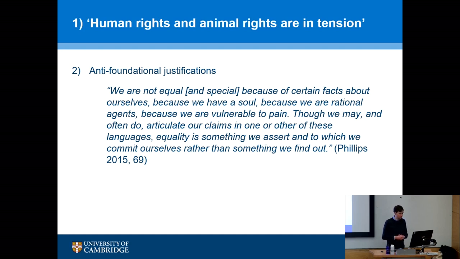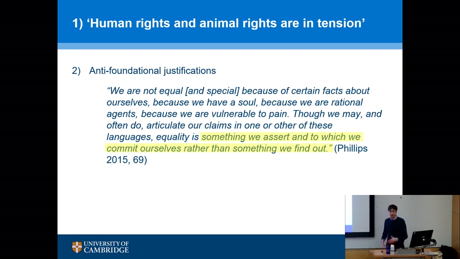She says, we are not equal or have human rights because of certain facts about ourselves, because we have culture, language, and all these things that we just saw. Say you have a soul, being rational agents, or being sentient. Though we may and often do articulate our claims in one or other of these languages, equality is something we assert and to which we commit ourselves rather than something we find out.